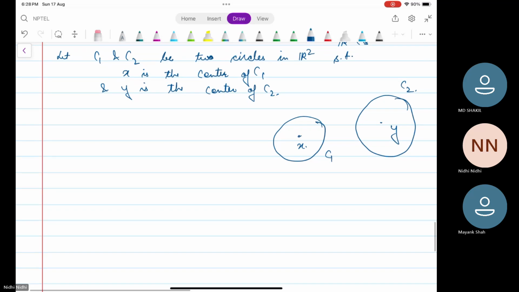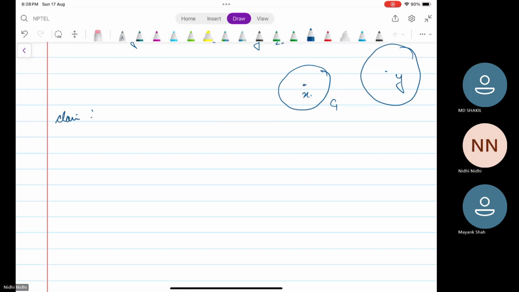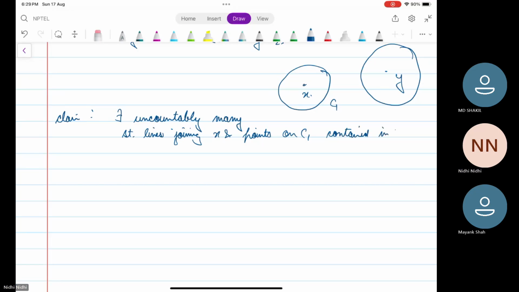Next we claim that there exist uncountably many straight lines joining x and points on C1, such that the straight line is completely contained in R2 minus Q2.